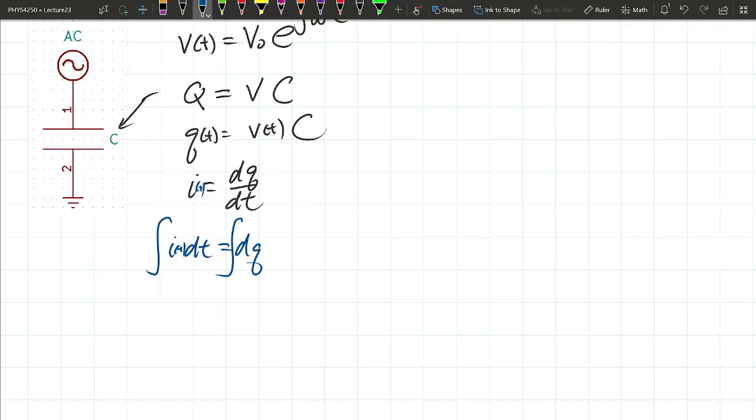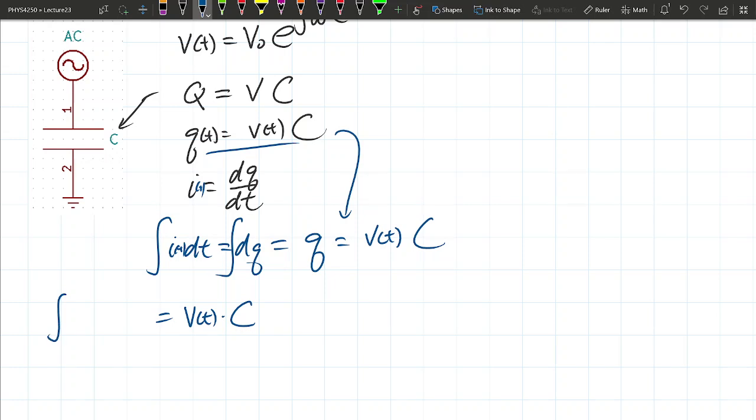But when I integrate charge, I just end up with charge, and charge is V times C. I'm just messing with algebra. So that means voltage times the capacitance is equal to the integral of the current dt.